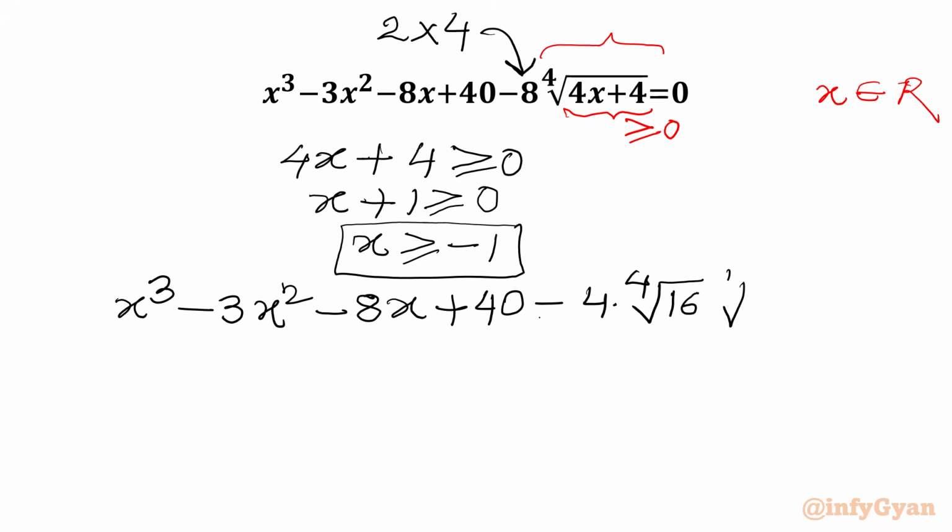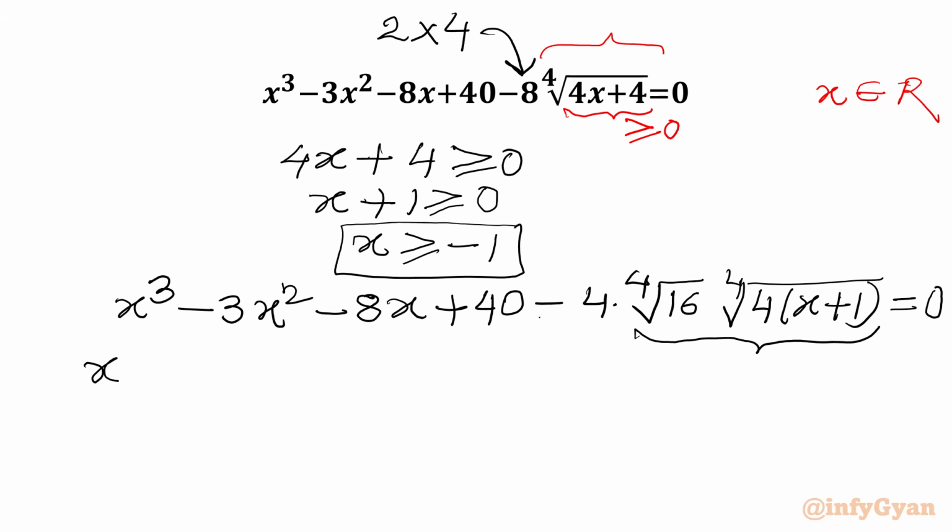Then we have the 4th root of 4x plus 4. I will take 4 common. So in the bracket we can write 4 times x plus 1 equal to 0. Now we can multiply these two 4th roots.